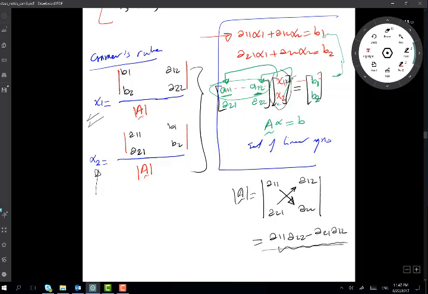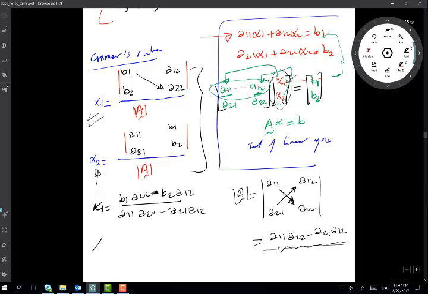So when I find x1, the numerator is b1 times a22 minus b2 times a12, over my determinant, which is a11 a22 minus a21 a12.